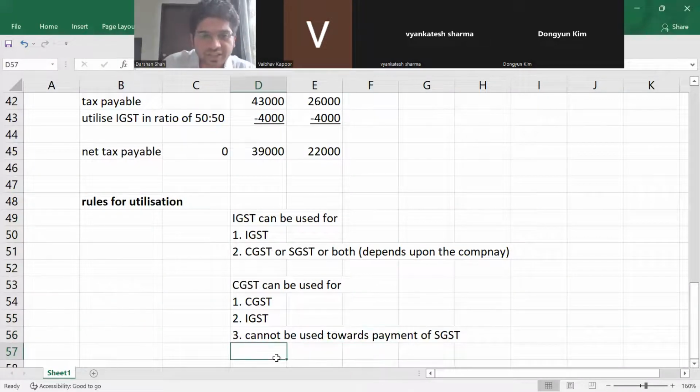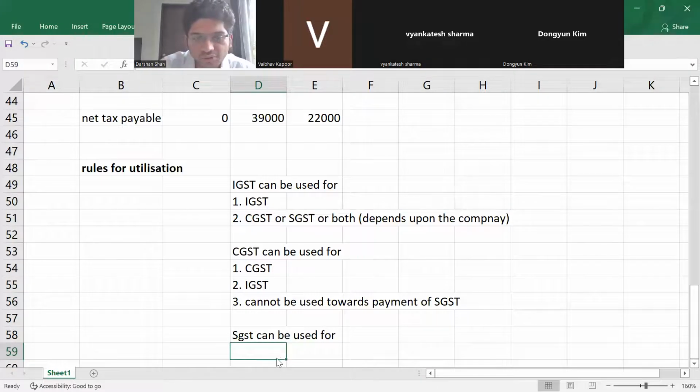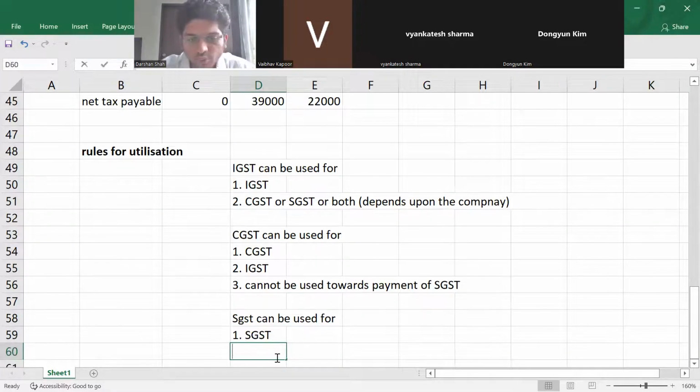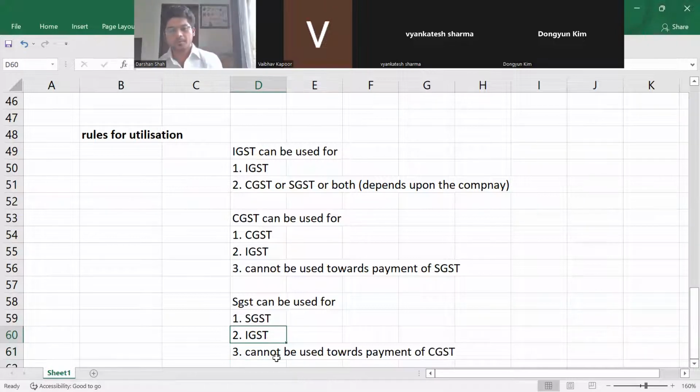And similarly, SGST can be used. You guys tell me now. Used for what first? First for its own head, SGST, then for IGST, and it cannot be used towards payment of CGST.